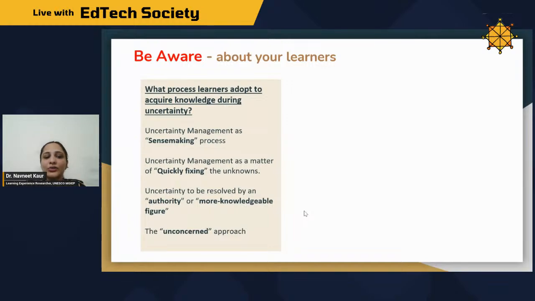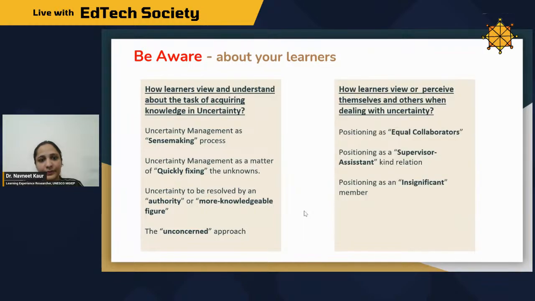Are they trying to quickly fix the unknowns or questions that they have? Do they want their uncertainty to always be resolved by some authority figure or someone more knowledgeable? Are they actually looking unconcerned, or not asking any questions? Or even if you are asking them questions, are they unconcerned or unbothered? So you have to know your learners and how they're approaching this endeavor of uncertainty management.